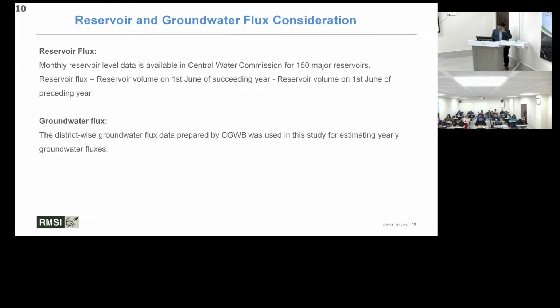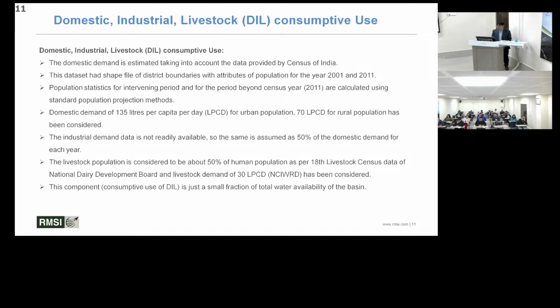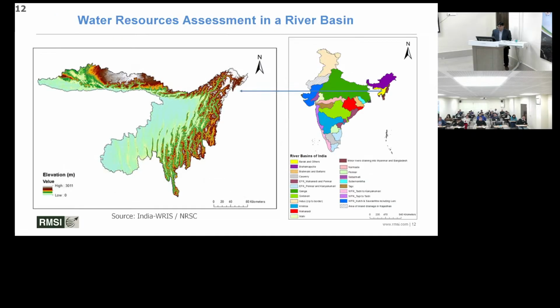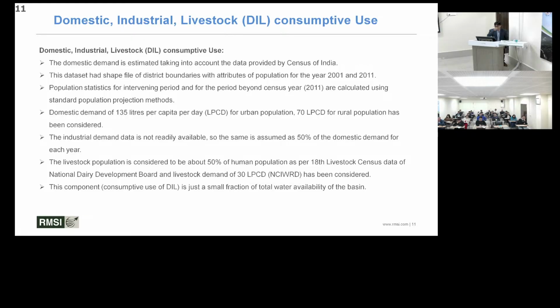So these are some definitions. You can go through this report and see what the method is, because in earlier studies, empirical methods were used. These studies considered evapotranspiration as the major loss, and accordingly you can plan the consumptive use.